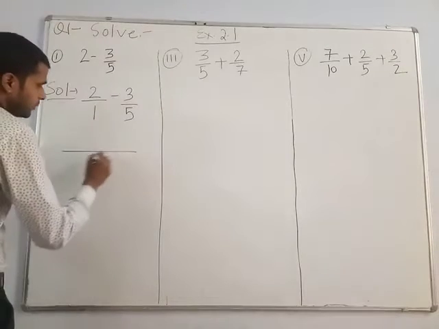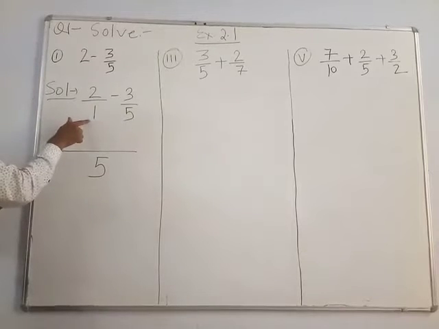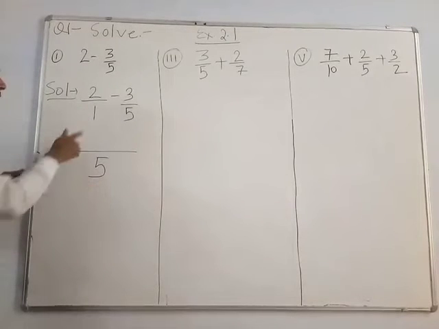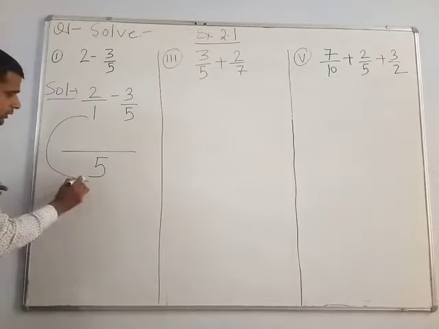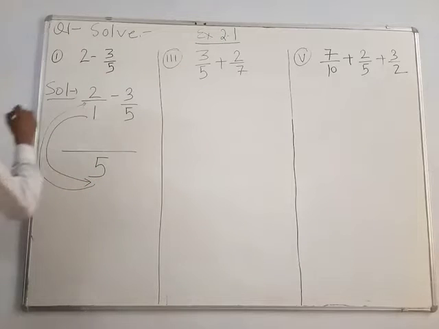LCM is 5. So first 5 divided by 1, first you divide and then multiply.